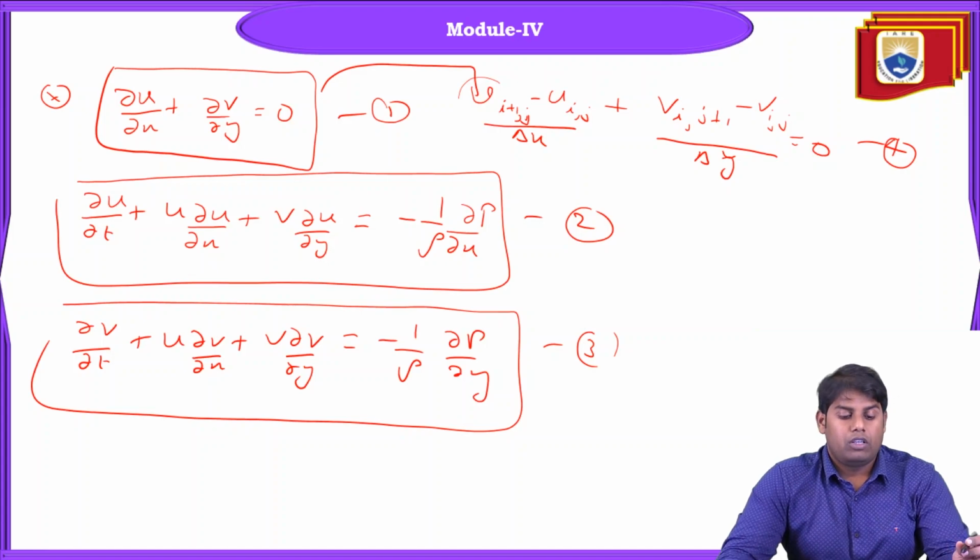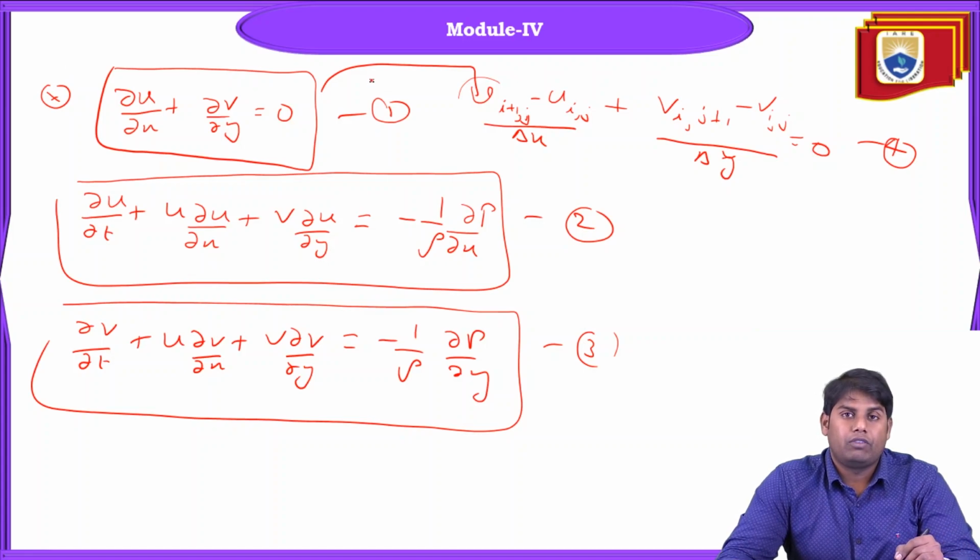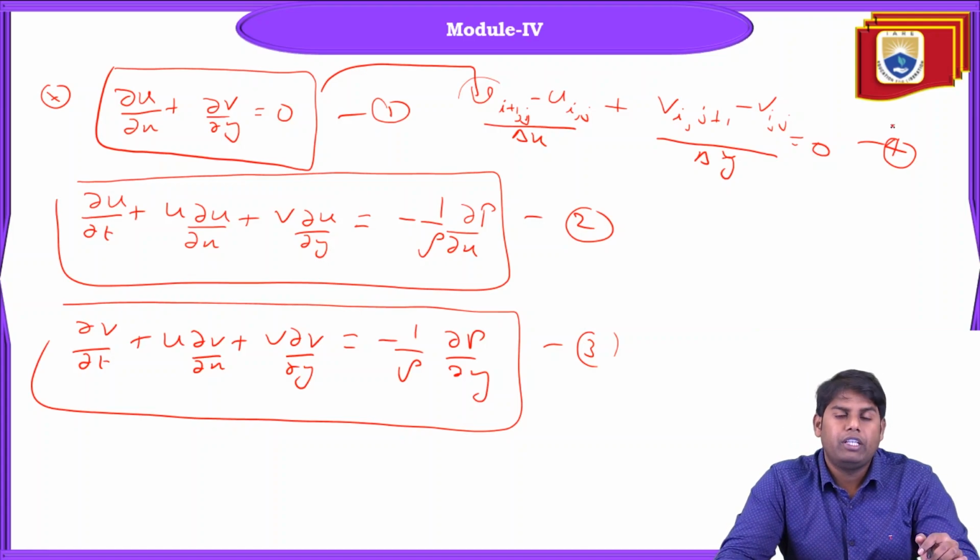So it is simple. We are converting the equations 1, 2, 3 into discretized form. Equation 4 is also the continuity equation, but it is changed to discretized form.